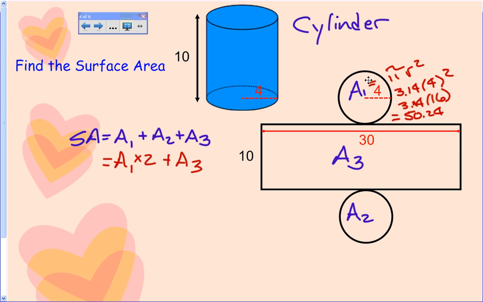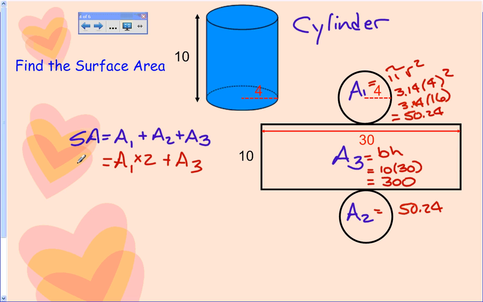So this circle has an area of 50.24. This circle also has an area of 50.24. And now I'm left with this area, area 3. This is just a rectangle, so it's base times height. So that's equal to 10 times 30, right? 30 and 10. So it has an area of 300.